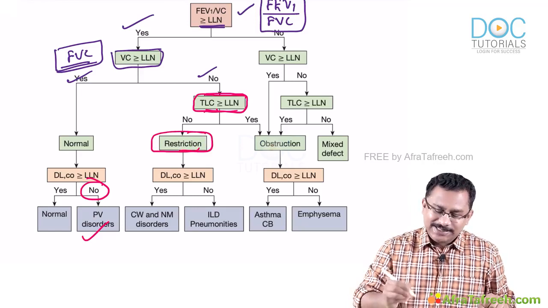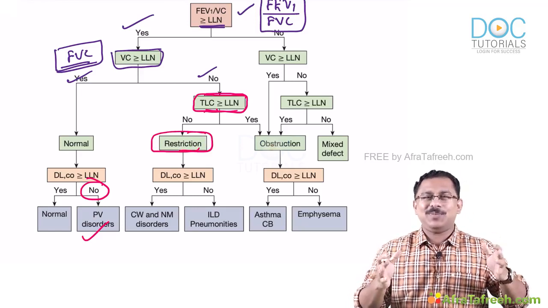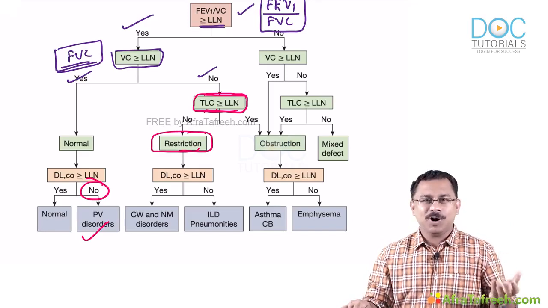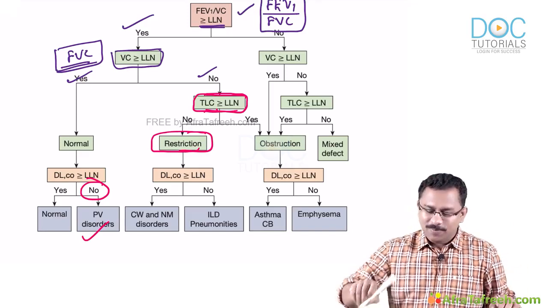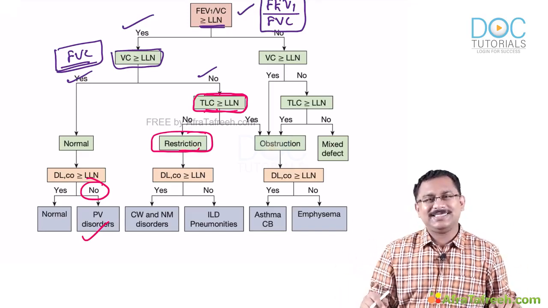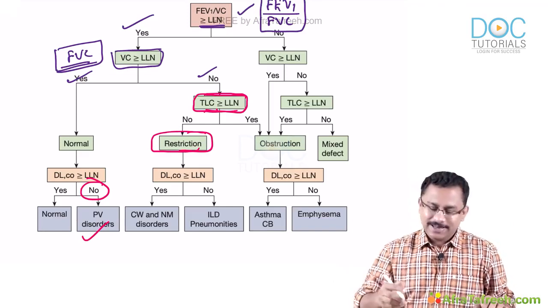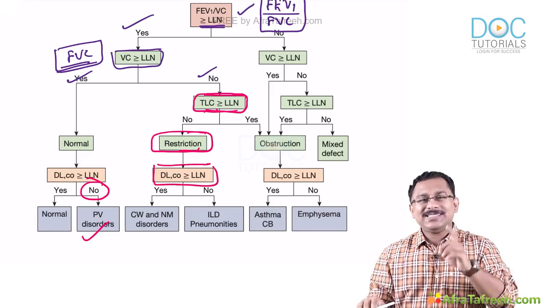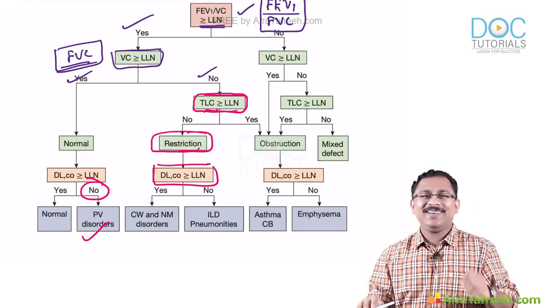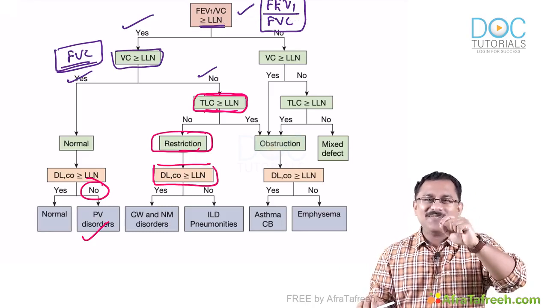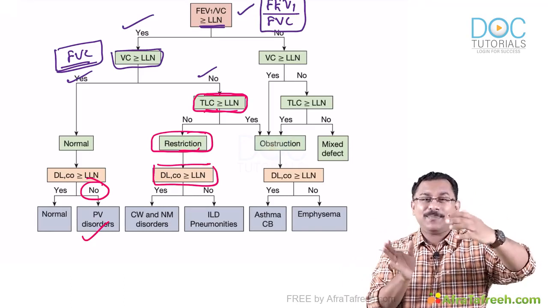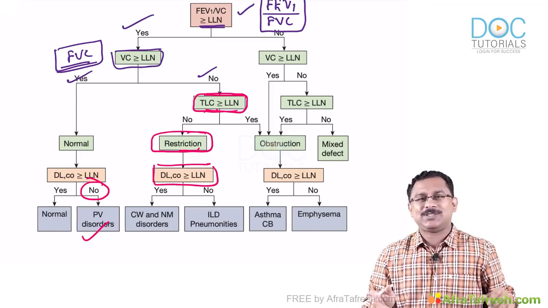Now, when you have a probable restrictive lung disease, this could either be a chest wall problem, a neuromuscular problem, or an interstitial lung disease. How do you differentiate? You go for the DLCO. If your DLCO is abnormal, it means there is some problem with your alveolo-capillary interstitium. The alveolo-capillary membrane includes the interstitium as well.